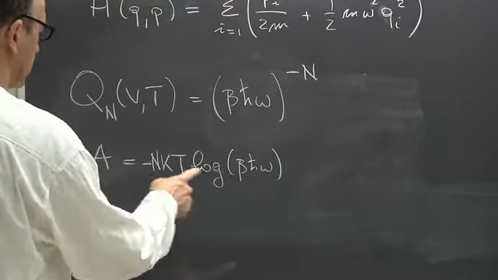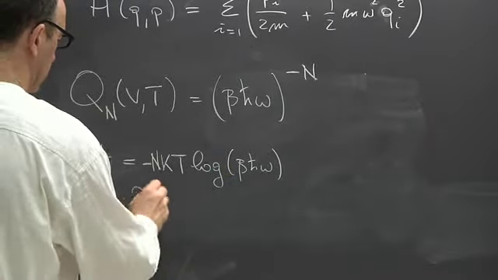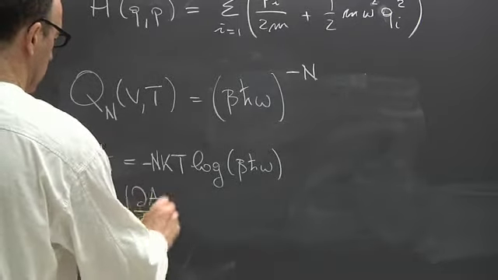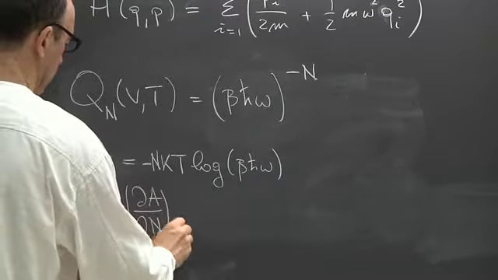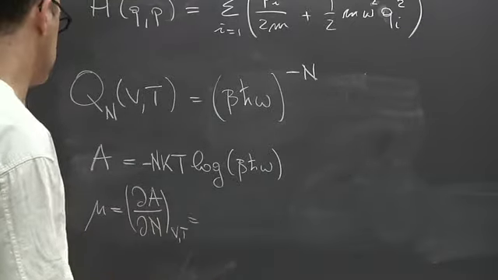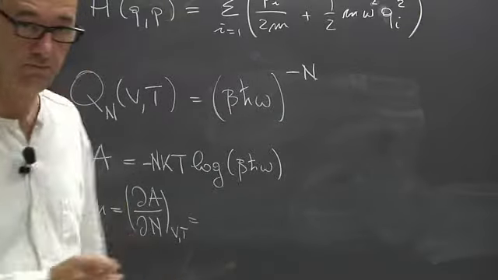So this tells you, for example, that the chemical potential is very simple. The chemical potential is the derivative of A with respect to n at V and T finite.